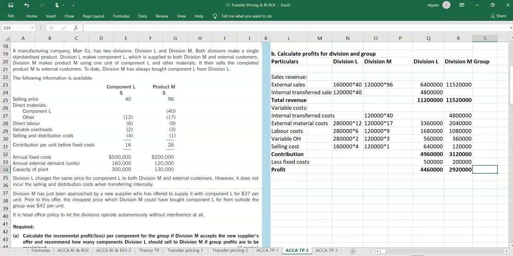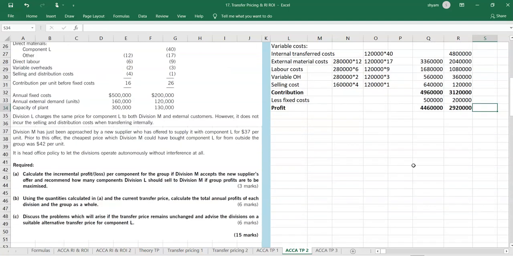So the division profit, okay, they are also asking what is the group profit. So group profit, we can actually put it here as a simple line.